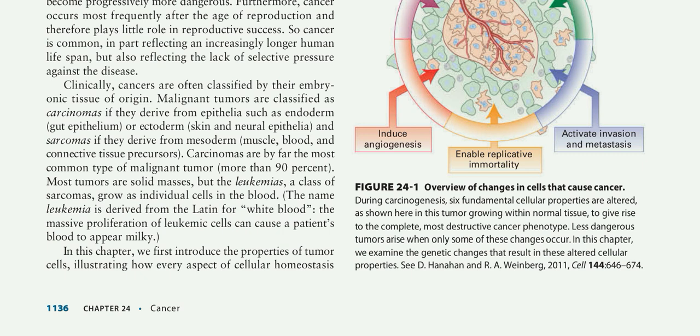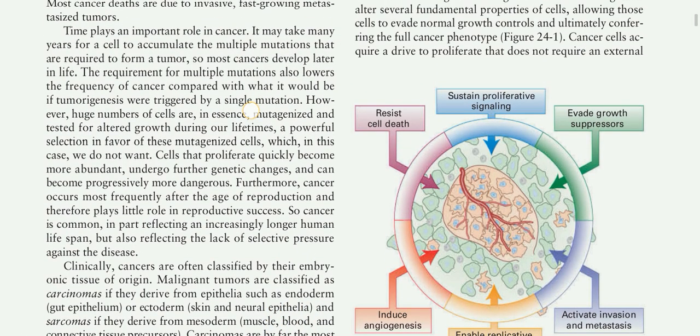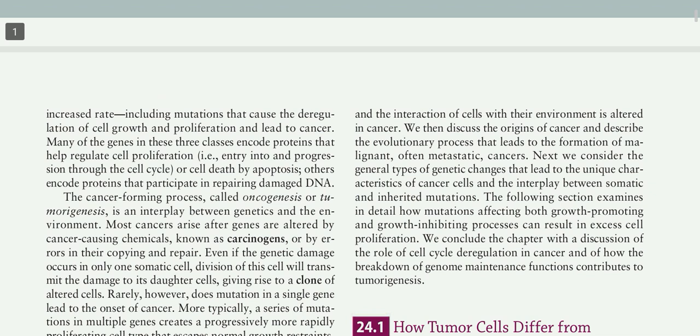In this chapter, we first introduce the properties of tumor cells, illustrating how every aspect of cellular homeostasis and the interaction of cells with their environment is altered in cancer. We then discuss the origins of cancer and describe the evolutionary processes that lead to the formation of malignant, often metastatic cancers.